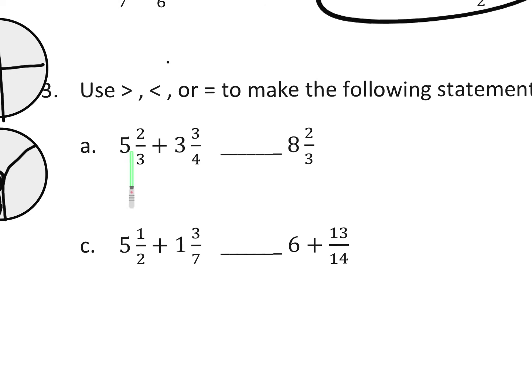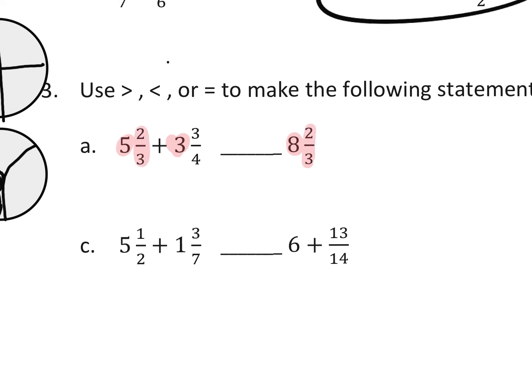So let's look. 5 2/3 plus 3 3/4. Is that less than, greater than, or equal to 8 2/3? Well, let's highlight. I know that 5 plus 3 is going to be equal to 8. So I've already got my 8. And then I know that 8 plus 2/3 would give me 8 2/3.